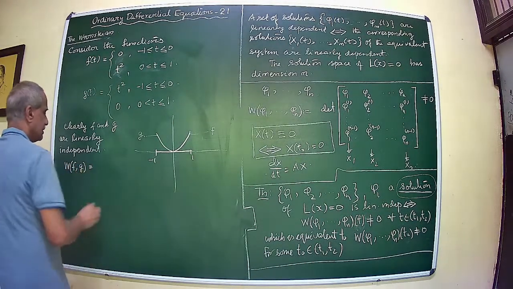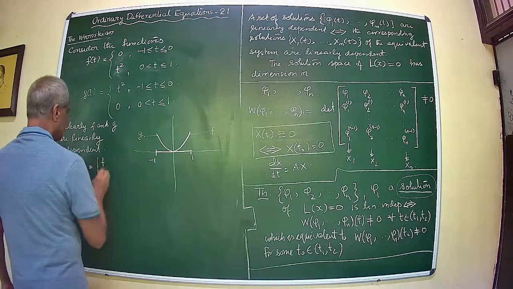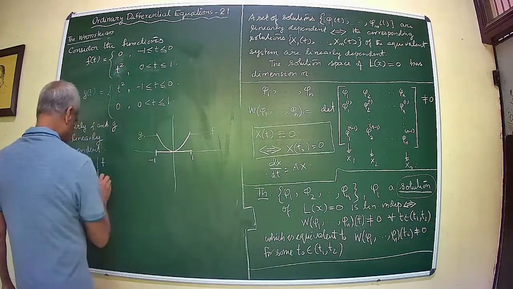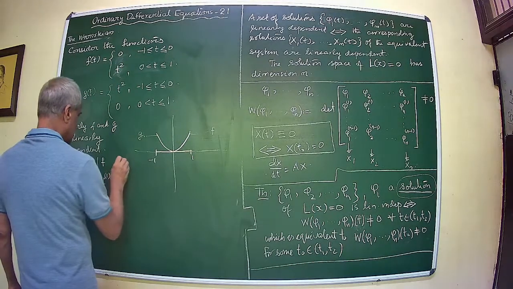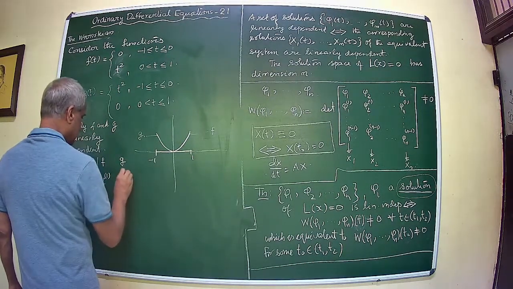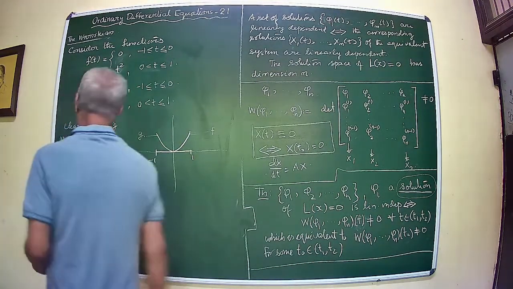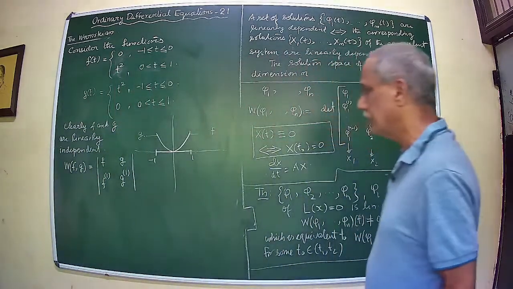What is this? This is equal to the determinant with f and g. Compute this on different intervals.